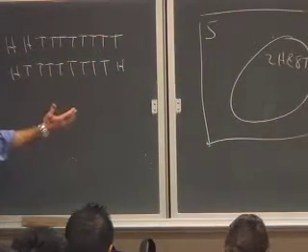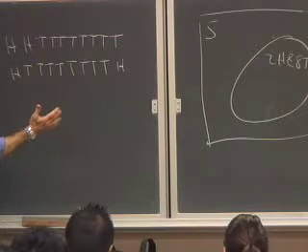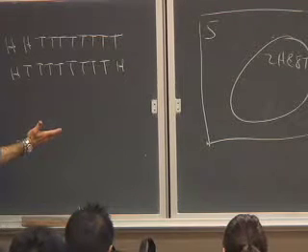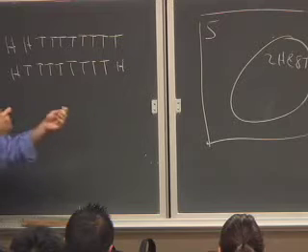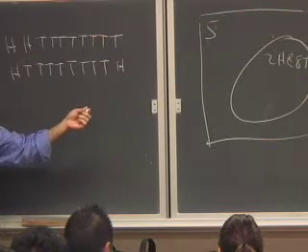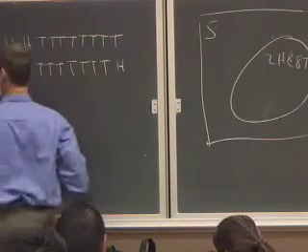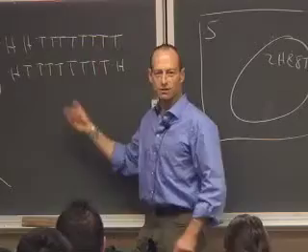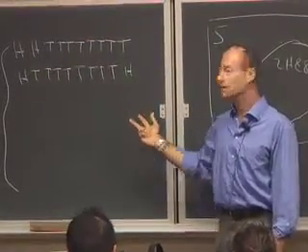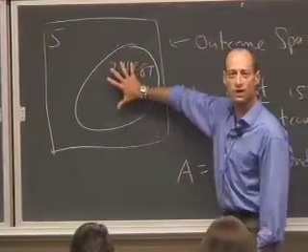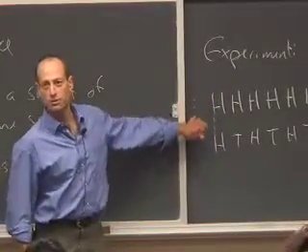You got 10 places. 2 of them need to get heads in them. There's 10 choose 2 ways of picking which 2 of the 10 places get heads. So there are, in all, if we wrote all of these down, 10 choose 2 sequences of 10 heads and tails that have exactly 2 heads. So in this event, this subset of outcome space, there are 10 choose 2 elementary outcomes, sequences like this.